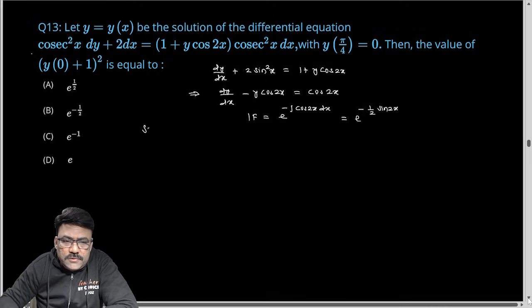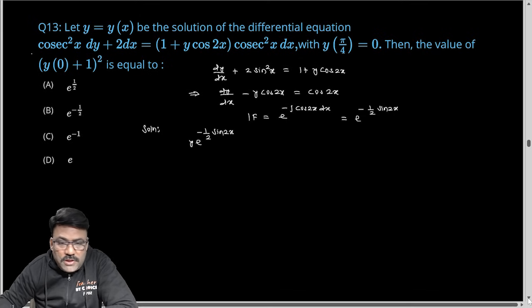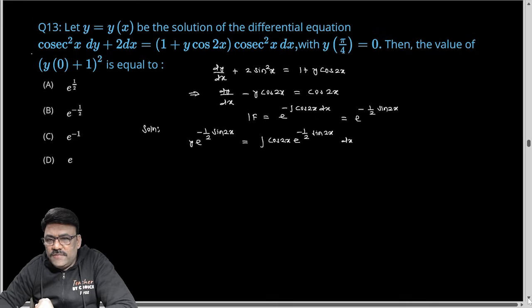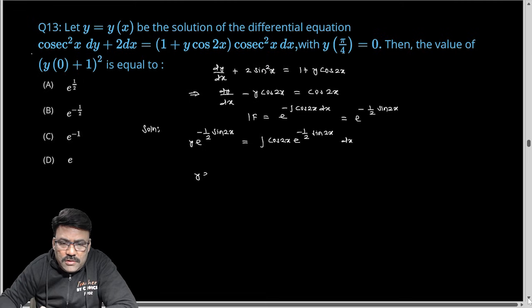So now what will be the solution? Left side is y into integrating factor, and right side is Q into integrating factor. So now I'm getting y e raised to minus half sine 2x.